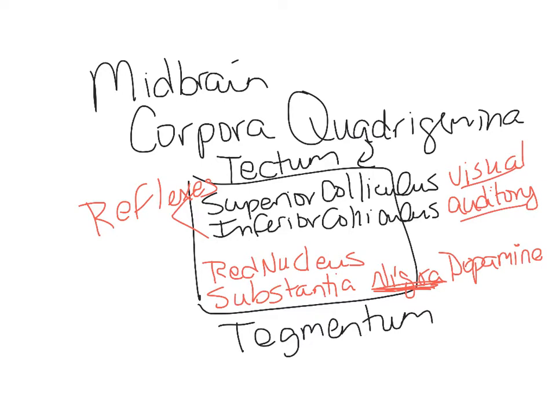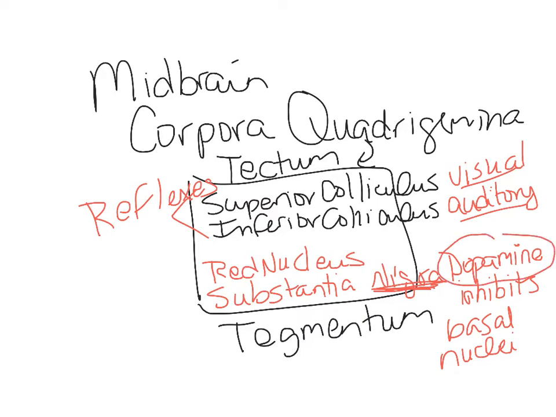Okay? Dopamine, we're going to see, inhibits this other area called the basal nuclei. So we'll talk about how that works when we get to the basal nuclei.